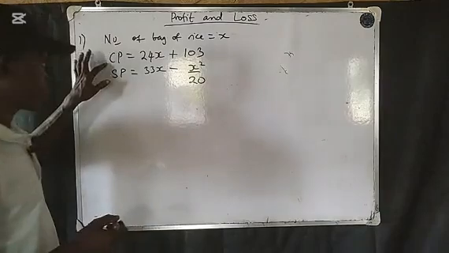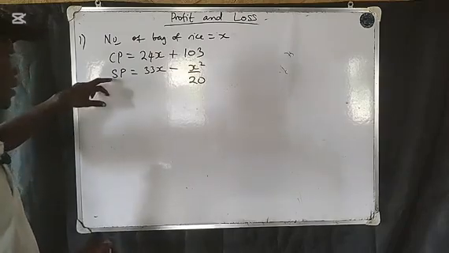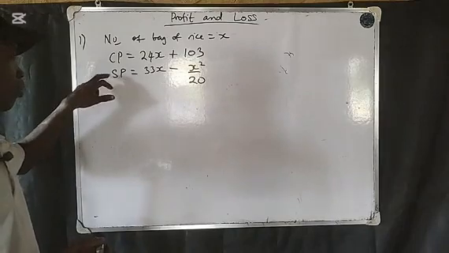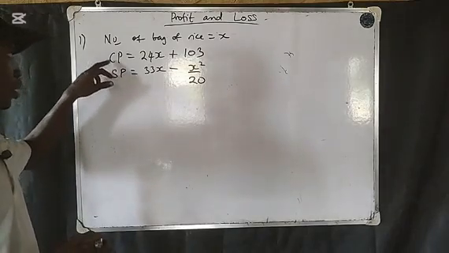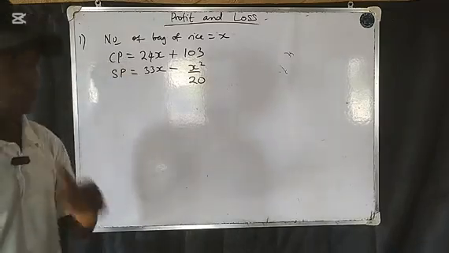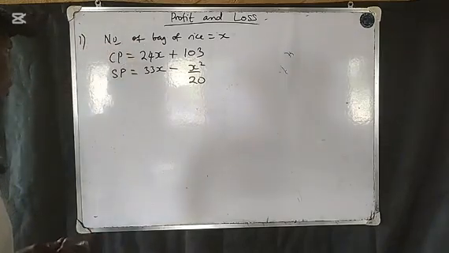If they say C equals this, that is cost price, and S equals, that is selling price, they use S for SP, but I prefer SP. They use C for CP, but I prefer CP. Is that okay? Now this is the CP, this is the SP.